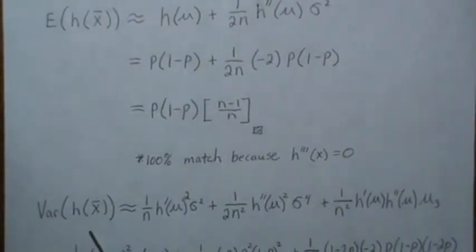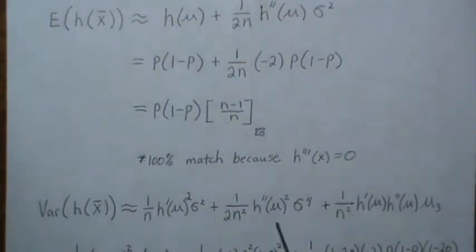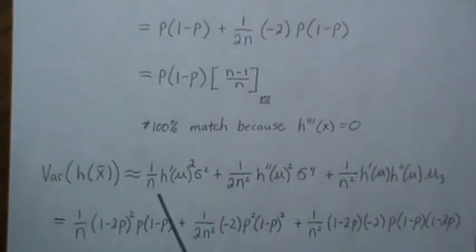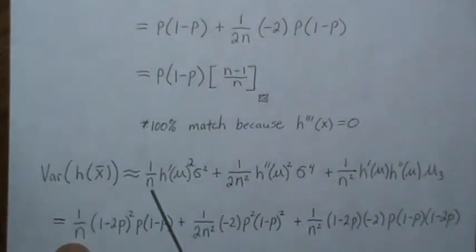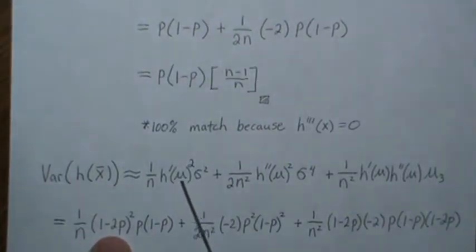So if we look at the variance of h of x bar, then the formula that we came up with on page 2 is this. So now let's just start plugging in information. So 1 over n, this is 1 minus 2x, but we plug in mu, which is p, square it.